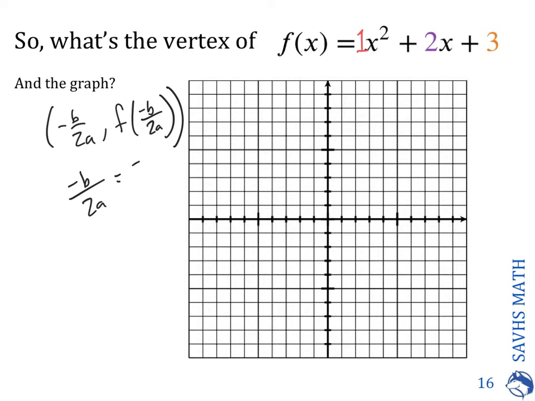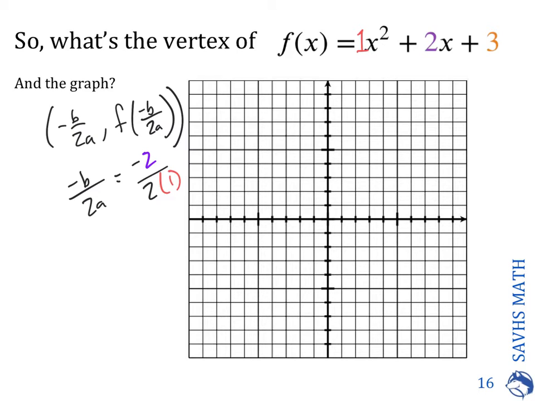Negative b over 2a is negative 2 over 2 times a, which is 1. Okay, so negative 2 divided by 2 times 1, which is 2. So negative 2 divided by 2 is negative 1.